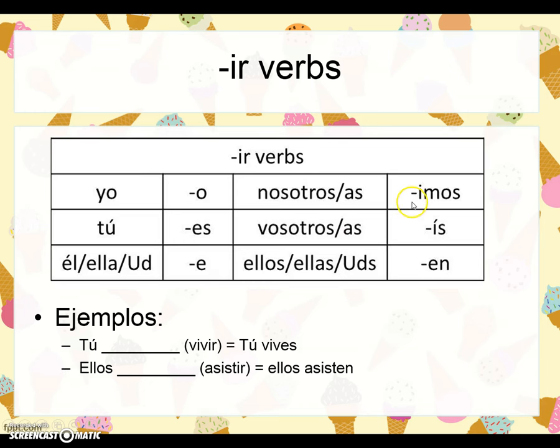However, for the nosotros and the vosotros form, you'll see that it changes, okay? Now, here is the difference. Instead of an E here, like we saw in the ER verbs, we are now going to replace it with an I, okay? And then lastly, we have the same EN. So the only two that change from ER to IR are the top two. Okay, the top ones on the right change.